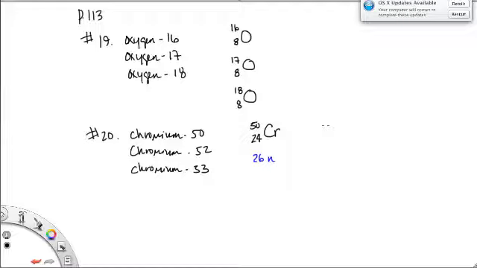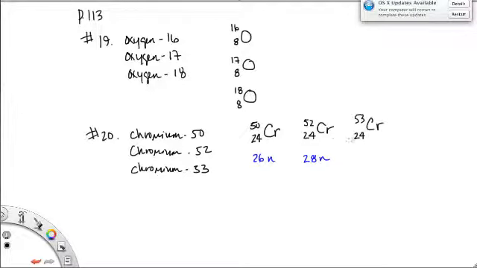For chromium 52, the atomic shorthand would look like this. How many neutrons does chromium 52 have? Well, 52 minus 24 is 28 neutrons. And lastly, chromium 53 has the atomic shorthand of this.